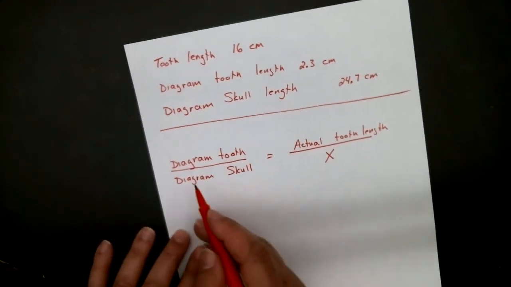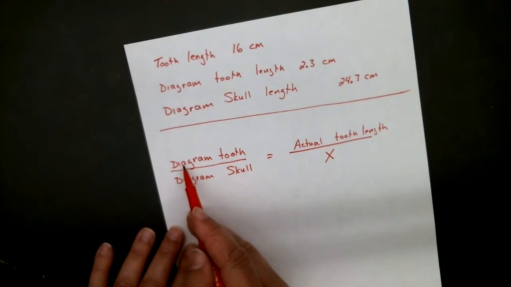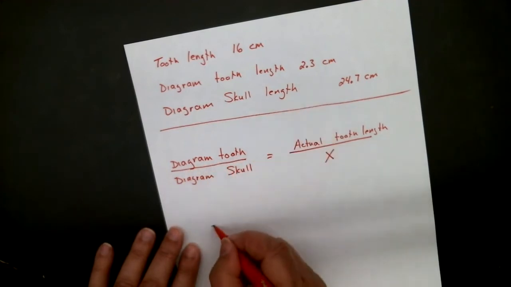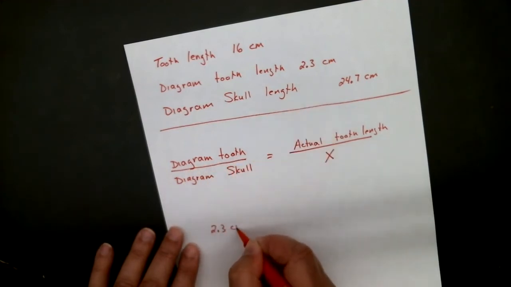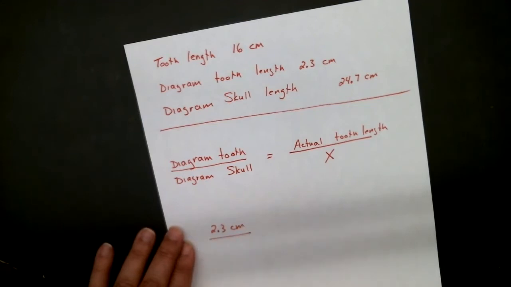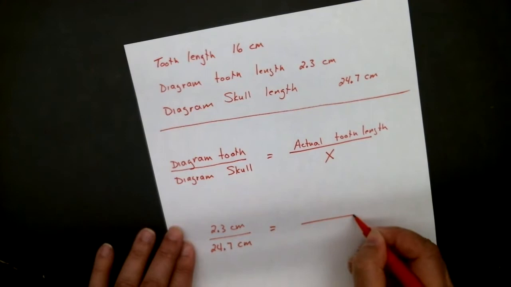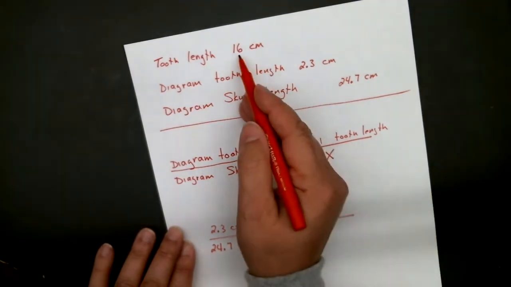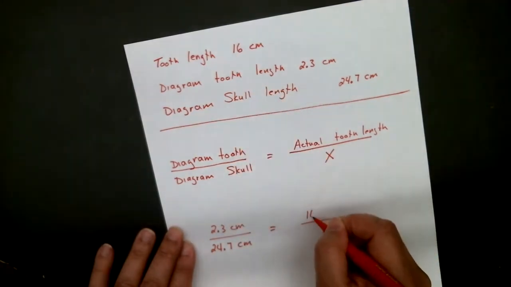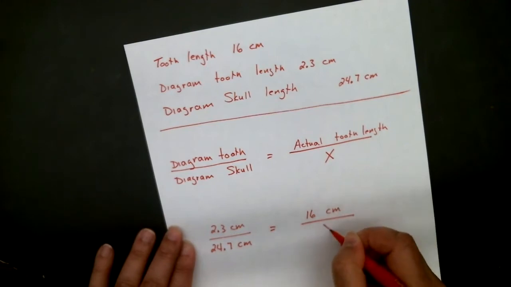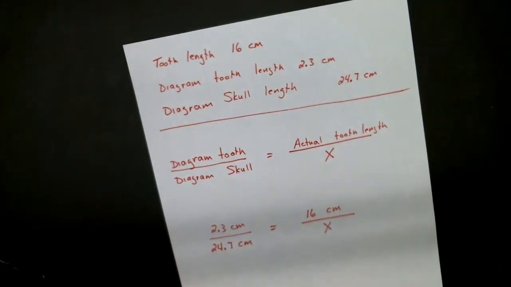Okay, so I'm just going to plug my numbers in. Our diagram tooth is 2.3 centimeters, my diagram skull length is 24.7 centimeters, and my actual tooth length is 16 centimeters. And I want to solve for x.